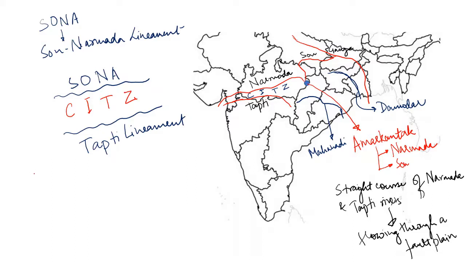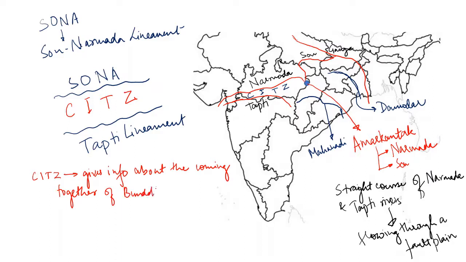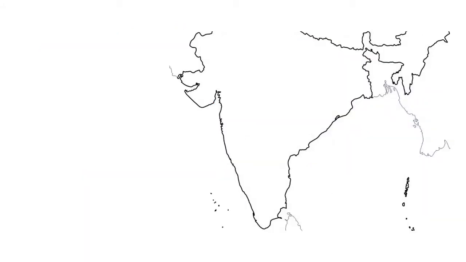So, CITZ gives information about the coalescing, or coming together, of the Bundelkhand and Deccan protocontinents.